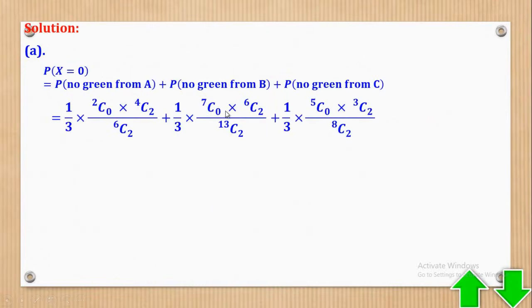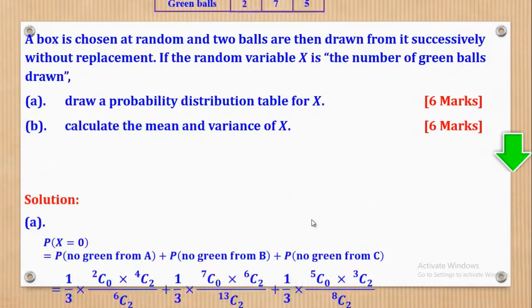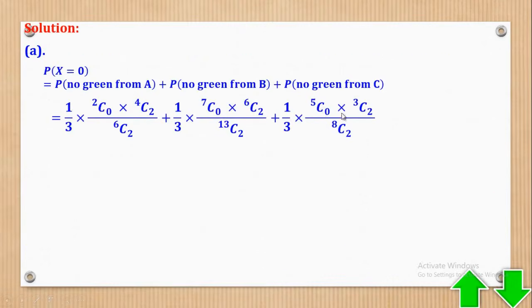So 7 combination 0, 6 combination 2, then you will put the total. 7 plus 6 is 13, that is why you see here 13 combination 2. Then picking box C is a third, then picking no green, it means that it will be 5 combination 0 multiplied by 3 combination 2. That is why you see here 5 combination 0, 3 combination 2 over 8 combination 2. This 8 is the total, which is 5 plus 3.